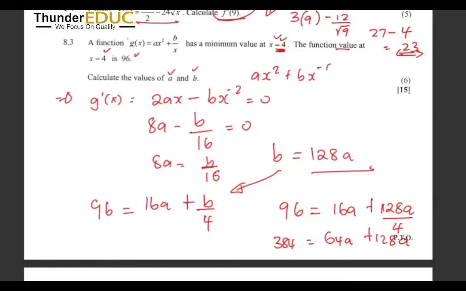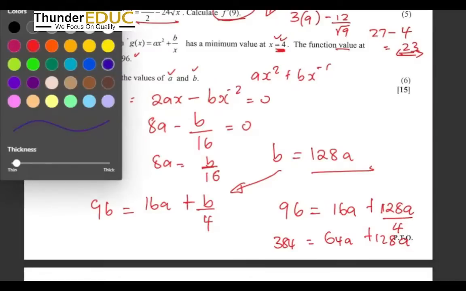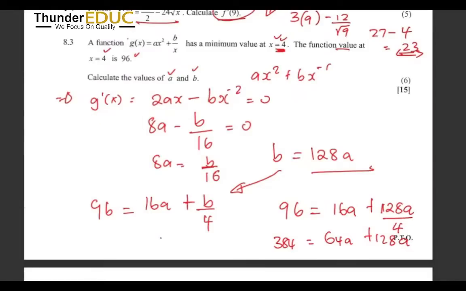Okay, so we know that 128 plus 64 gives me 192. Let me just play around it here and say that I have 192a is equal to 384. Divide both sides by 192. 384 divided by 192, which means a is a 2.